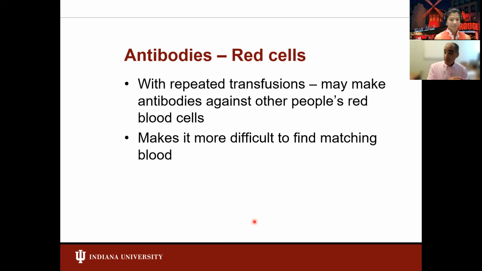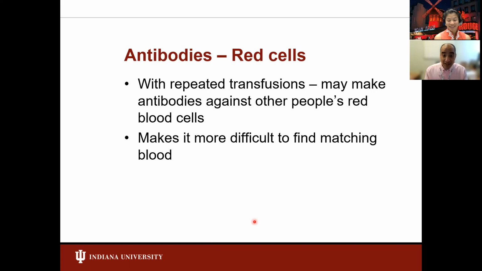Remember how I mentioned they'll sometimes freeze blood? Yes. It's for these patients who have developed so many antibodies that it's hard to find a match. And the great thing in the United States about the blood centers is they all communicate. That's great.